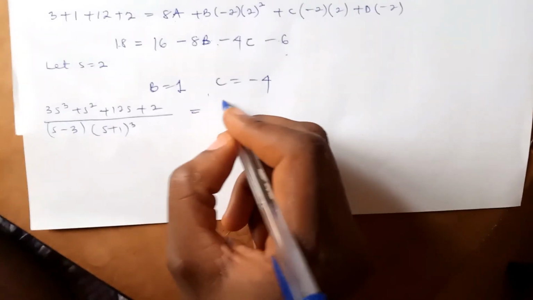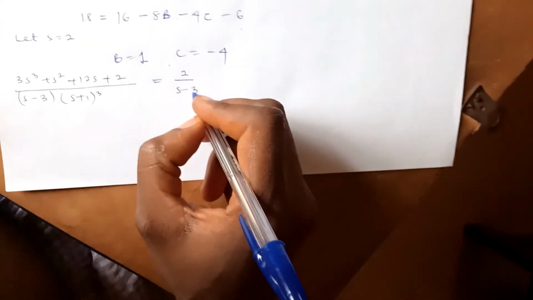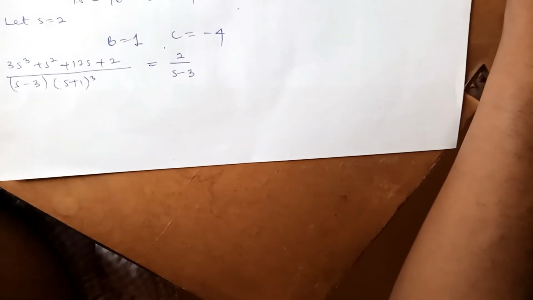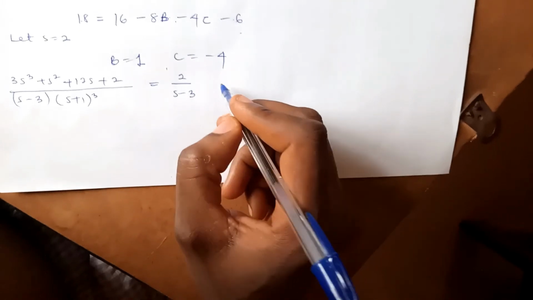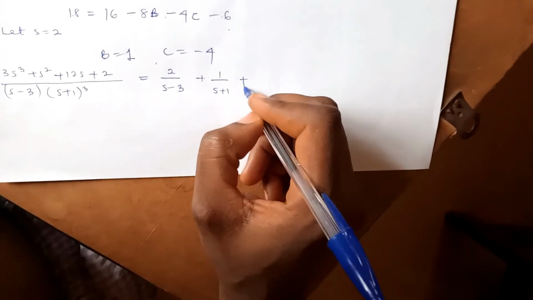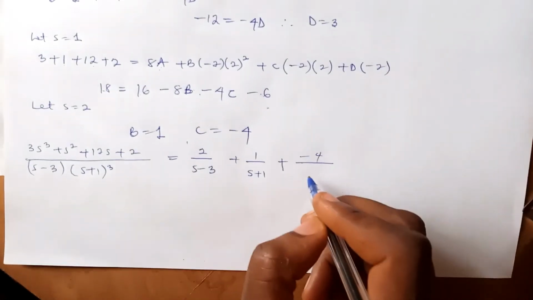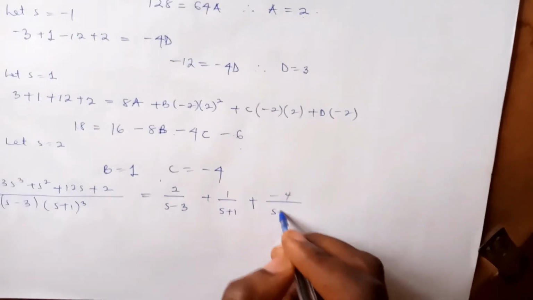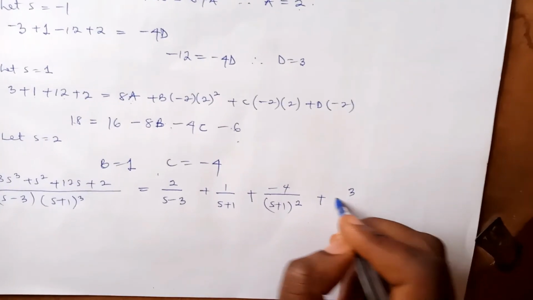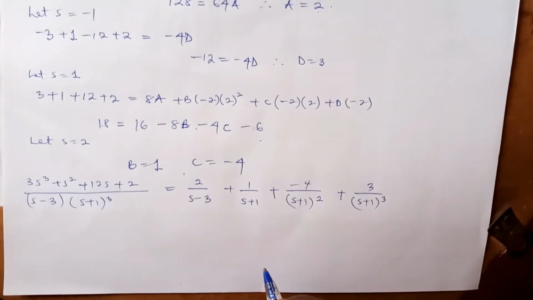Our a is 2 divided by x minus 3. Our b is actually equal to 1, then that will give us plus 1 over x plus 1. Then what is our c? Our c is minus 4 divided by x plus 1 squared. Then what is our d? Our d is 3 divided by x plus 1 raised to power 3. So that is all.